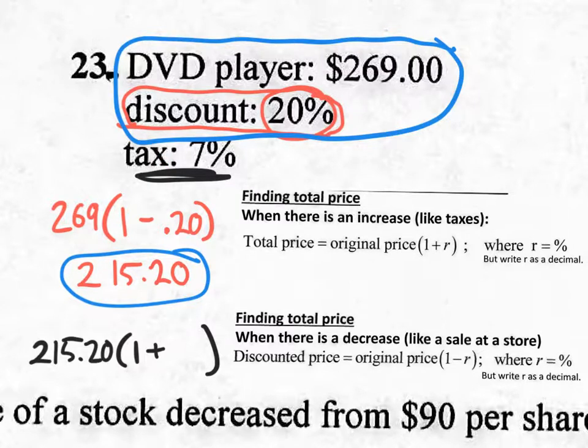So I'm going to put 0.07 right in there, and then do that on a calculator, and you'll get your final price of $230.26. So this is including the 20% discount and the 7% tax on the discounted price. That's your total final out the door price, $230.26.